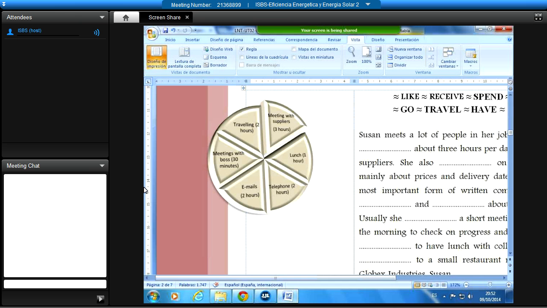So what's going to be time, you say about 3 hours. Because you can't say she receives about 3 hours per day. She doesn't receive hours. Just say ella recibe 3 horas a la semana en reunión. What does she receive? So receive is not a possibility here.